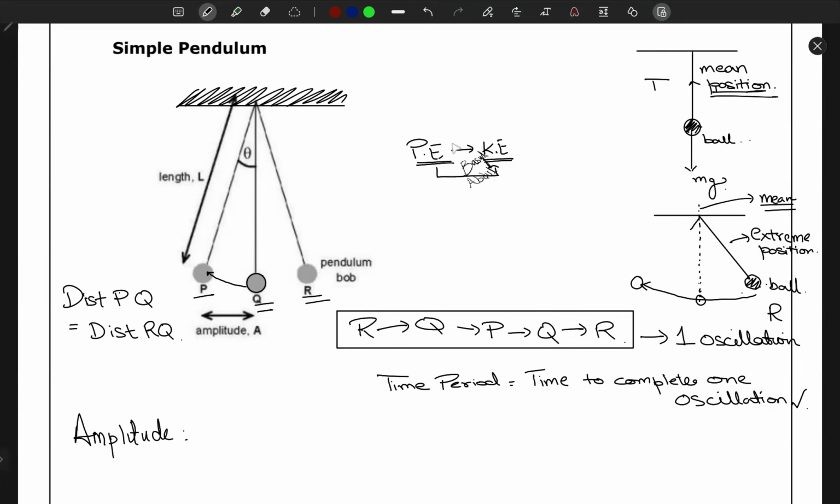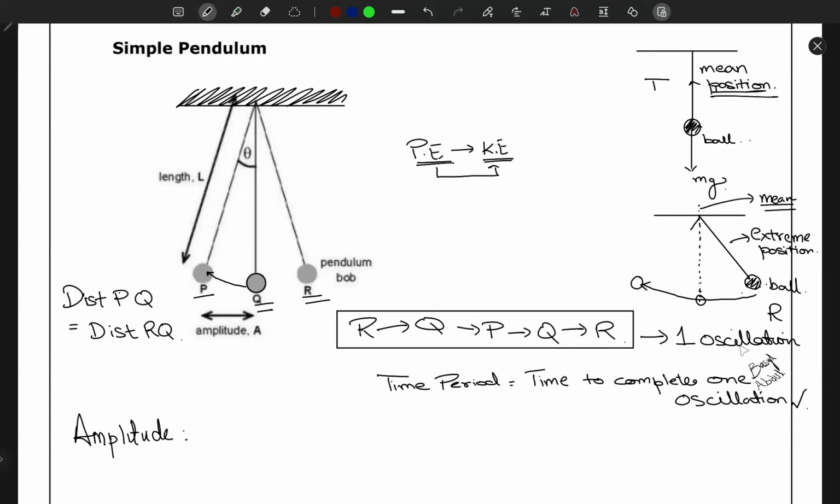And we discussed the time period, which is the time taken for this bob to move from R to Q to P, and then P to Q to R. This whole thing implies one oscillation, and the time it takes for that to happen is the time period of the oscillation.